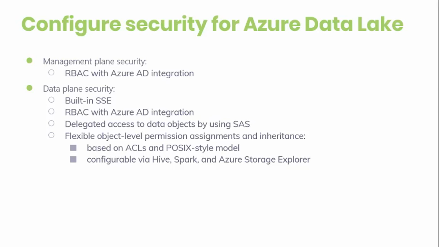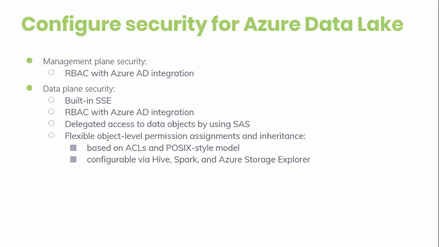A fundamental part of Data Lake Storage Gen 2 is the addition of a hierarchical namespace to Blob Storage. The hierarchical namespace organizes objects or files into a hierarchy of directories for efficient data access.